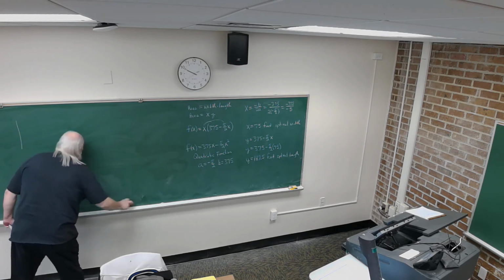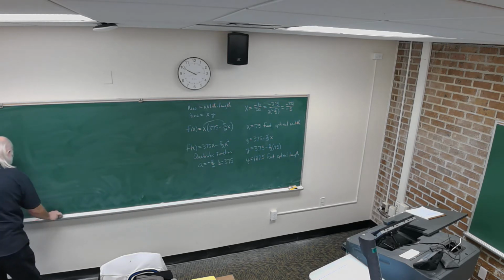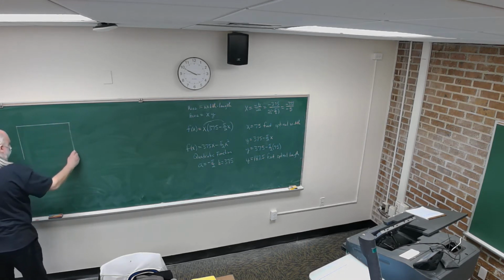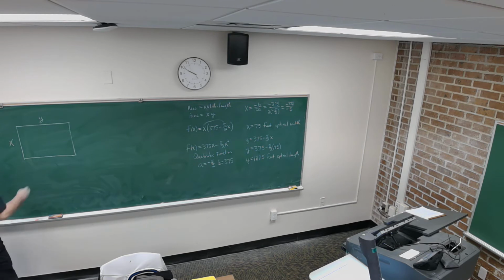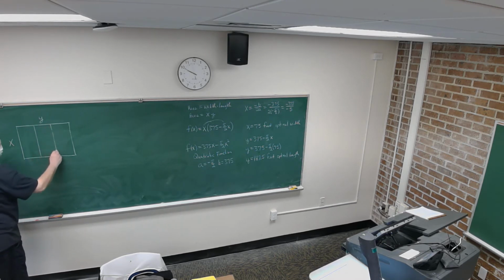So again, let's start off with a good picture. And again, the width is x, the length is y. Okay. But now we're going to divide this rectangular piece of land, right, into 3 equal pens.